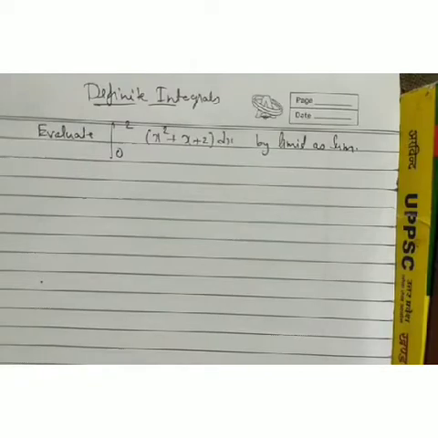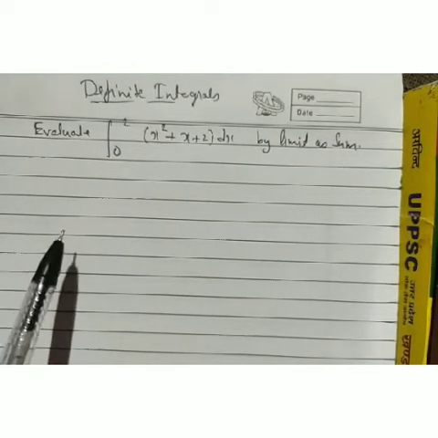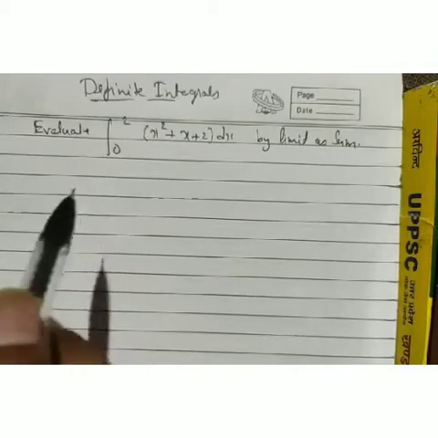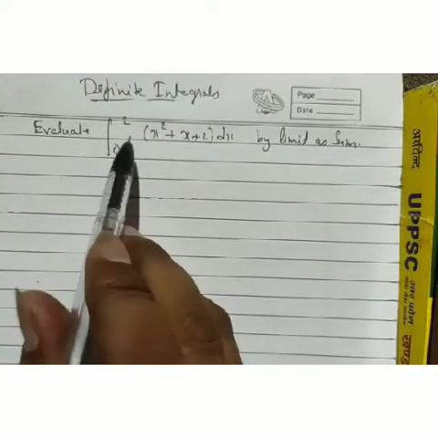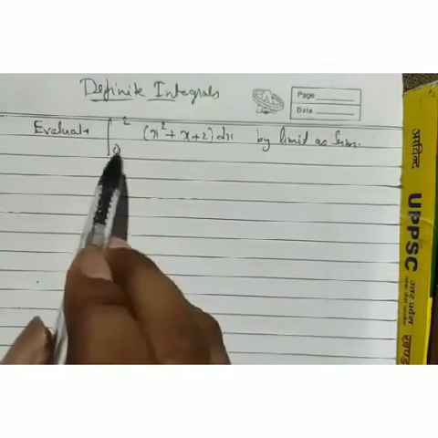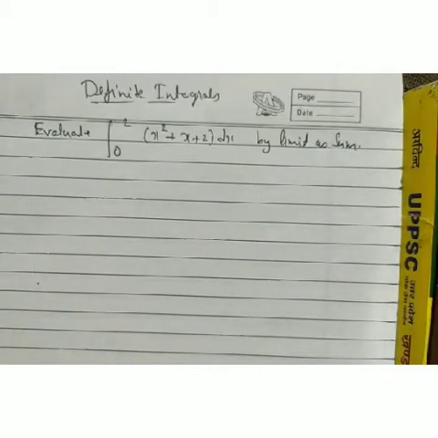Yesterday we discussed definite integrals. We discussed two problems based on limit as a sum, but today we have one more problem on limit as a sum. This is a board problem, asked in a board examination. Evaluate the integral from 0 to 2 of (x^2 + x + 2) dx using limit as a sum.